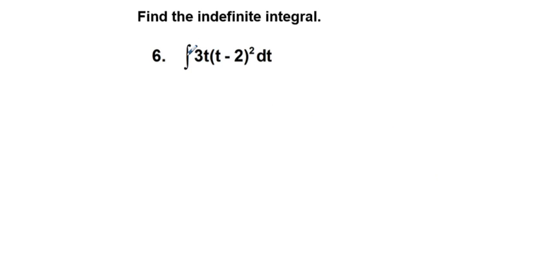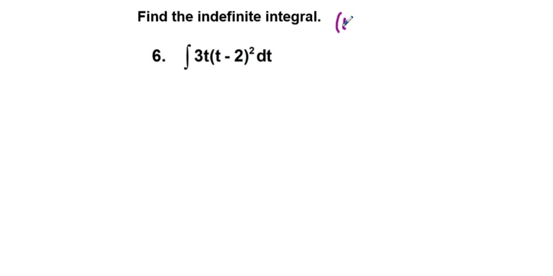We have the integral of 3t times quantity t minus 2 squared dt. And we could use the chain rule of integration, or what we call U substitution rather, but that's not going to work too well from the standpoint of when we integrate, that's not going to cancel, and we haven't done that in this class anyway. Let's go ahead and expand out this quantity t minus 2 squared.